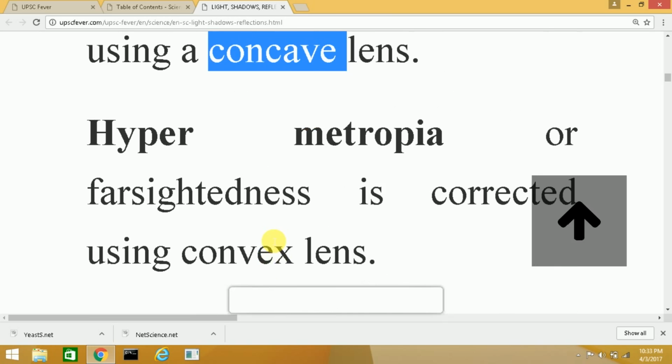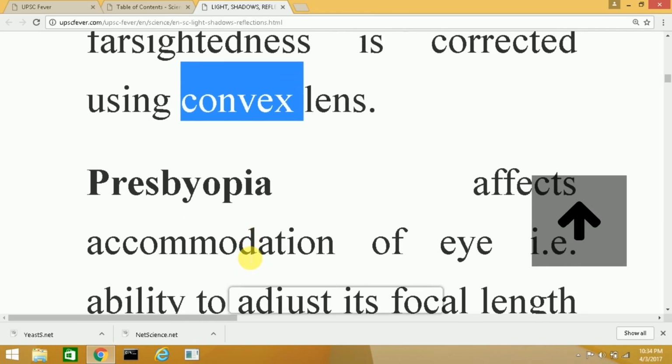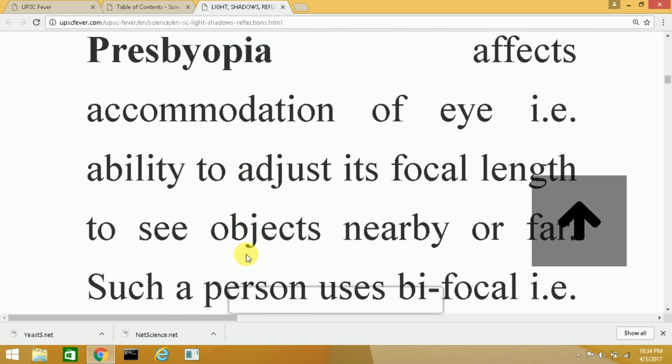Hypermetropia is far-sightedness, which means reading books which are close to the eye is very difficult, and so this is corrected using a convex lens. The next disorder is presbyopia.